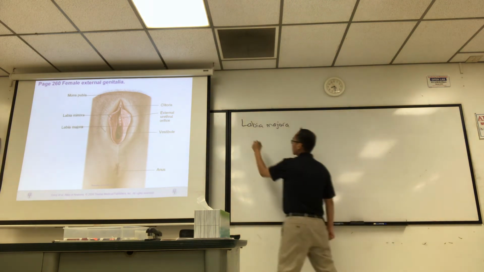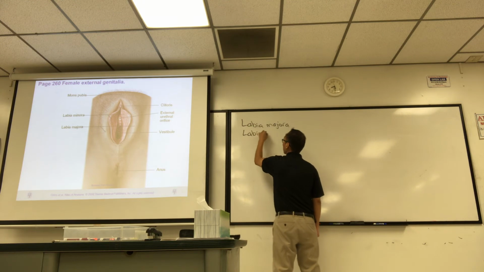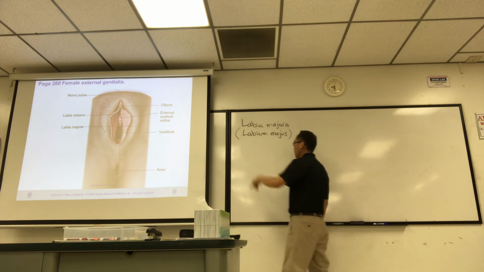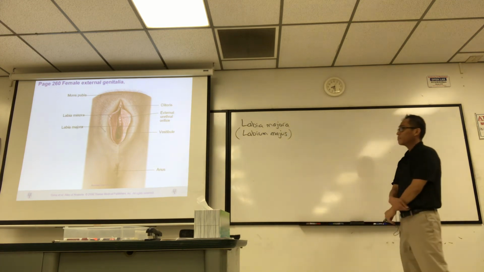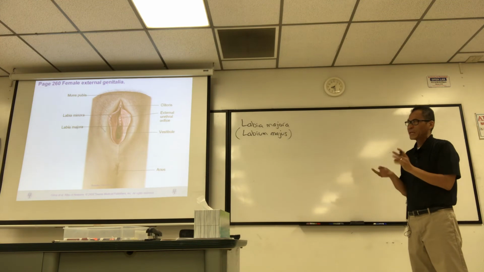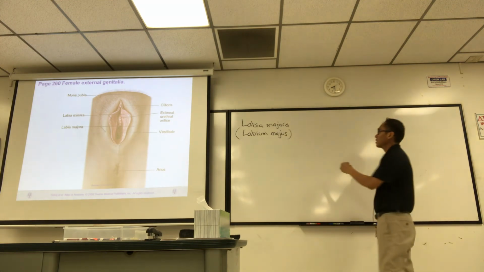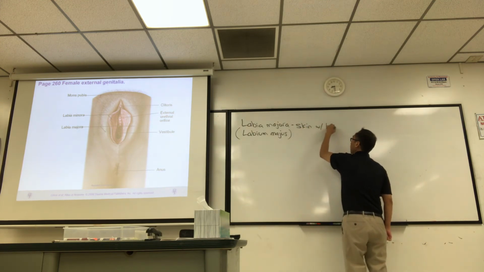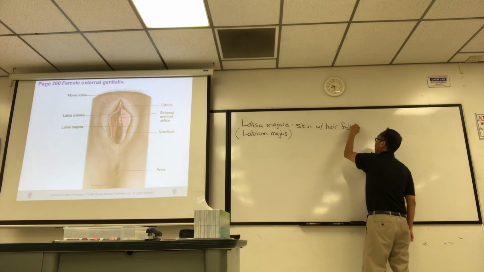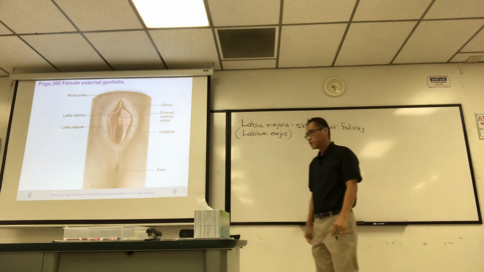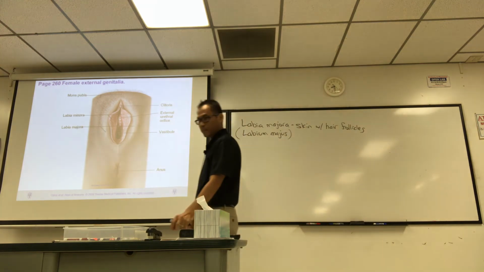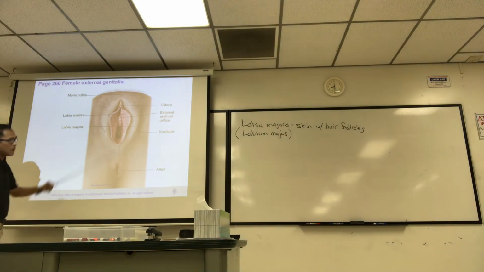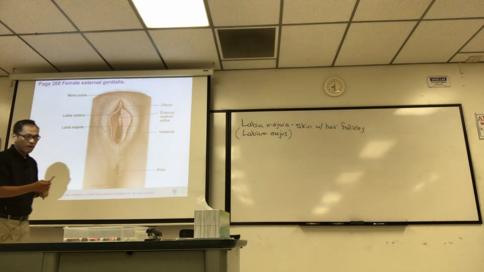The singular term is labium majus. Should you ever come across it, I usually just call it labia majora. It's basically skin with hair follicles. The function is basically cushion and protection. The top part here is called the mons pubis, where you have pubic hair.